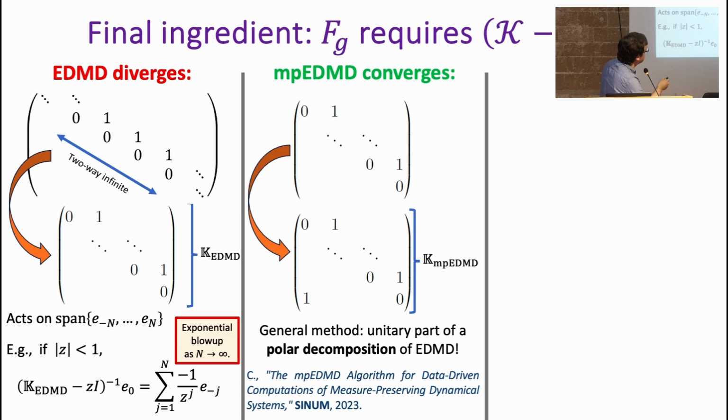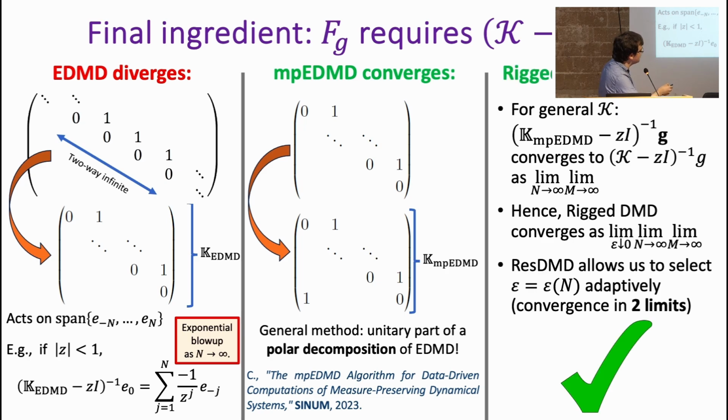There's an algorithm called MPEDMD, so that's one of the algorithms I mentioned at the start. This essentially computes the unitary part of a polar decomposition of EDMD. For this example, you replace a Jordan block by a circulant matrix, all your troubles go away, everything converges.